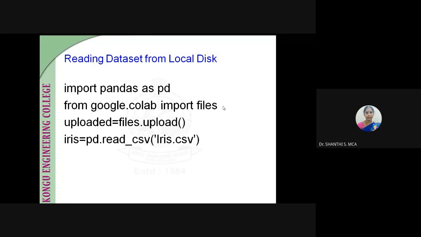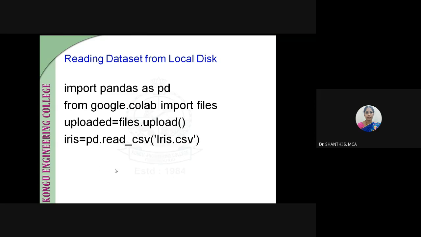For that you have to do from google.colab import files, then make use of the upload function, files.upload. Then you select a particular file. That file is moved into the variable uploaded. Then you can make use of that file for further processing.